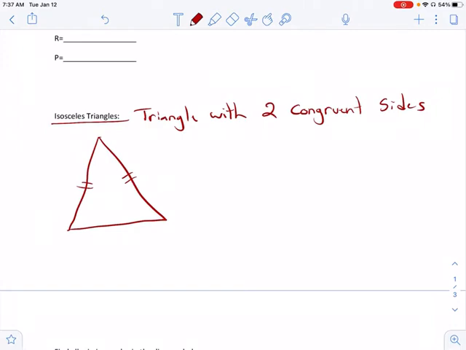Okay, so I've drawn an isosceles triangle, and I've got my congruent markings on the left and on the right. And the important thing to note, and we probably surmised this yesterday with some of our diagrams, is that these are considered base angles, and those are congruent to one another.